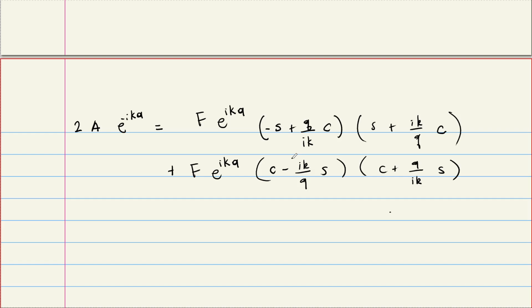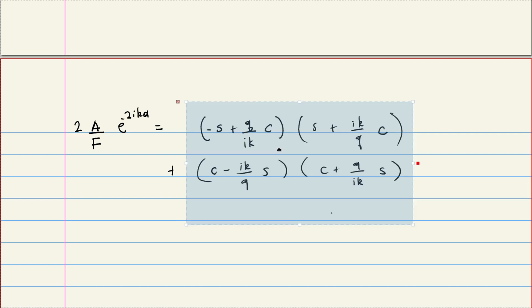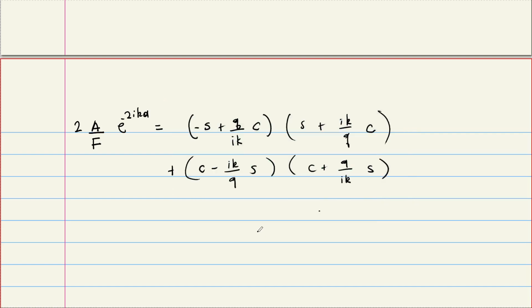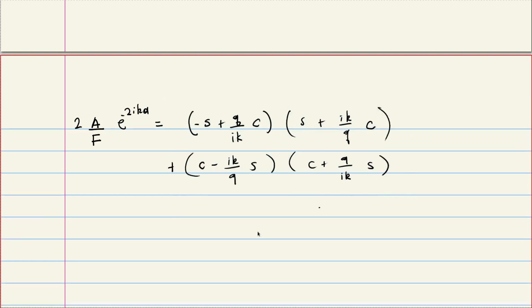This one is c minus iq sine, correct. I think this seems to be correct. So what I'll do is I'll cancel this and I'll put here minus 2 ik. So I have one less thing here. And I want to multiply it with 1 over f. So I have this. You can see not as bad, right? There are no arbitrary factors anymore.